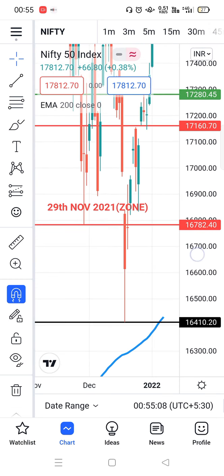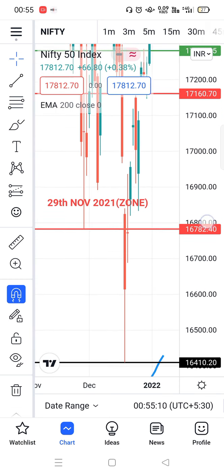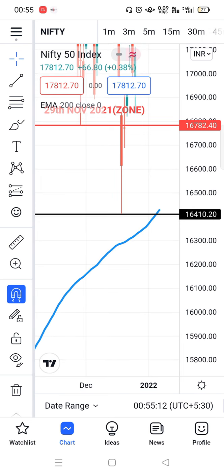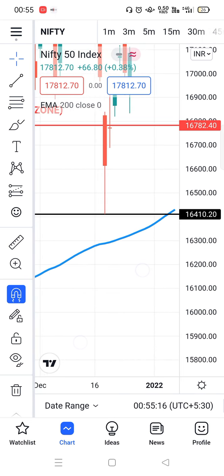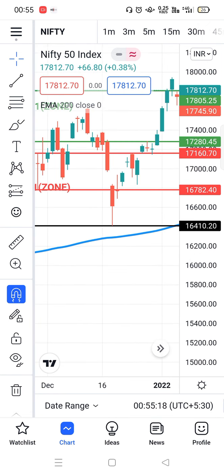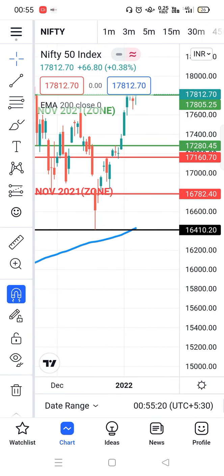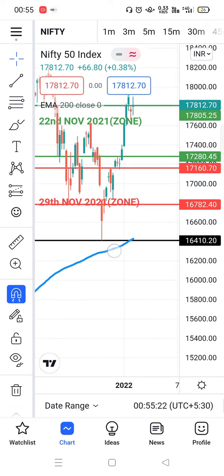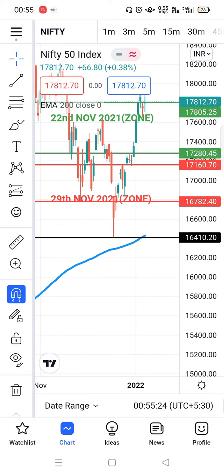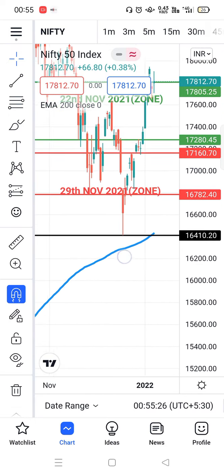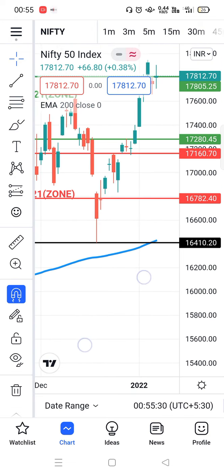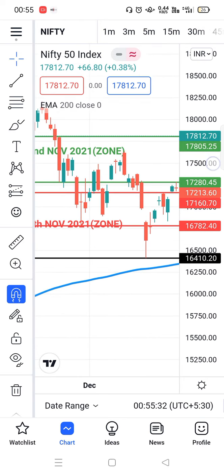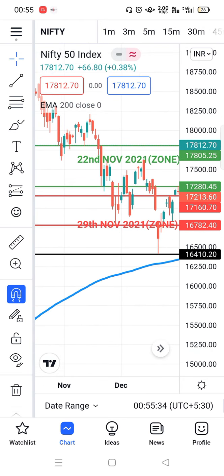If this level breaks, we are going for a next bottom. When it crosses 16410, it will break that level and it will come down below the 200 EMA, the blue line, this line. Okay, so guys, see this very carefully and trade in a very careful manner.